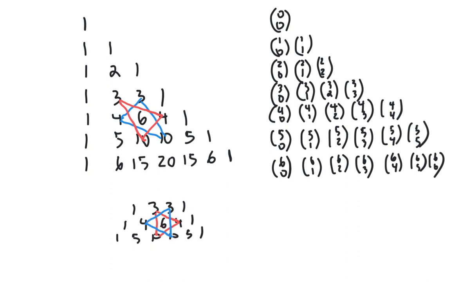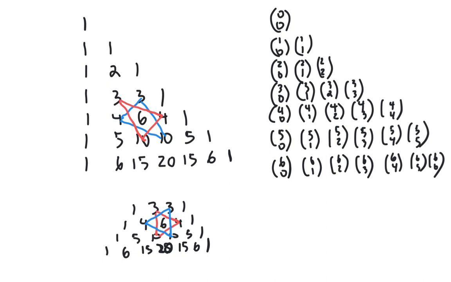Well, the Star of David identity says that if you multiply those elements at each point on each triangle, you get the same thing. So here we get 3 times 4 times 10 is 120, and 3 times 4 times 10 is 120. This one was fairly symmetric, so it wasn't super obvious. But if we look at a different one, we'll write down one more row to help us out: 1, 6, 15, 20, 15, 6, 1.